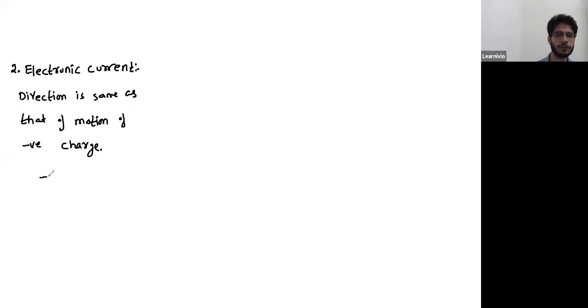So if you have a negative charge moving in this direction with a velocity, then your electronic current too will move in the same direction.